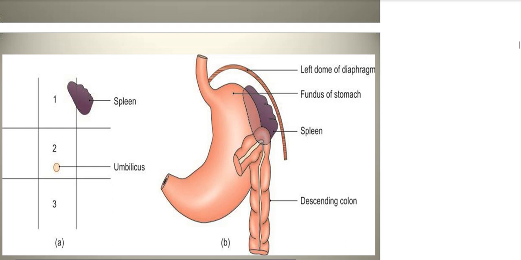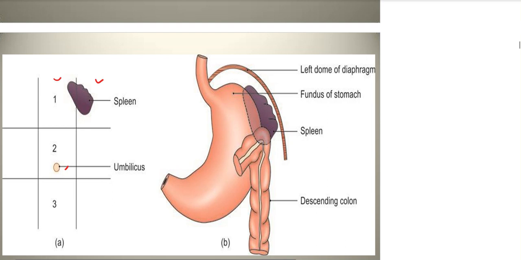In the image we can see clearly this is the umbilical region, this is the left hypochondrium and this is the epigastrium. So this is the position of the spleen, just behind the stomach.